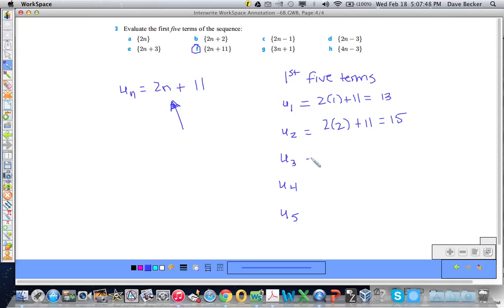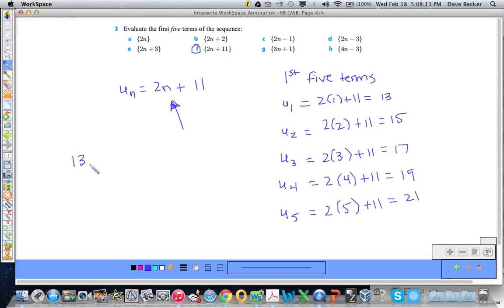U sub 3 equals 2 times 3 plus 11, which is 17. U sub 4 is 2 times 4 plus 11, which is 19. And then finally, u sub 5 is 2 times 5 plus 11, which is 21. So there's the first 5 terms of the sequence.